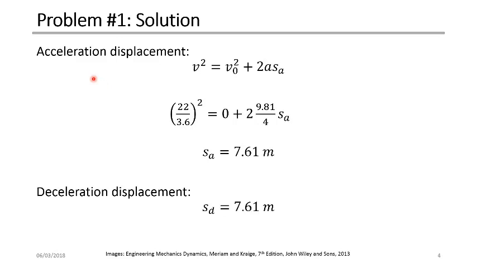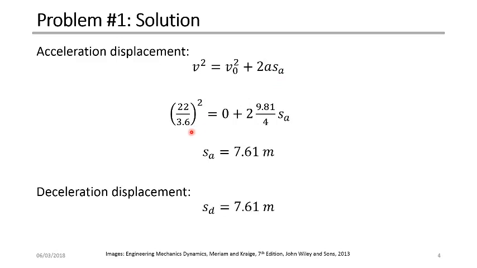We can also calculate the displacement, the position of the elevator during the acceleration. The acceleration displacement can be calculated using this equation: v squared is equal to v naught squared plus 2a s sub a, where s sub a is the acceleration displacement.